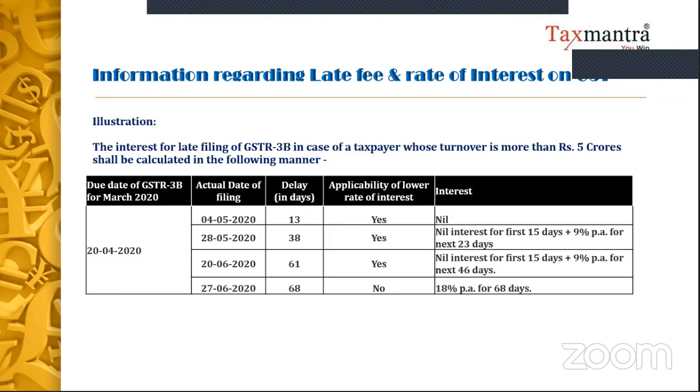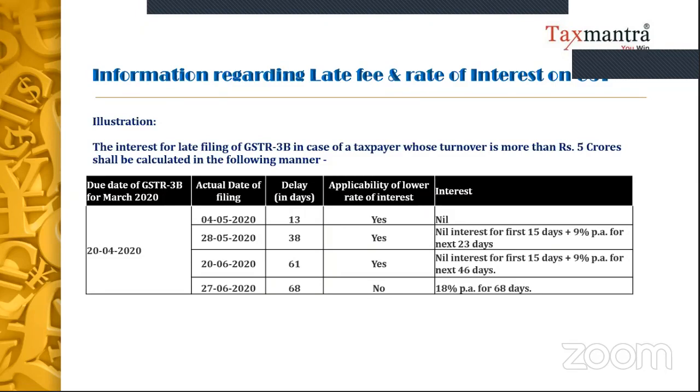Now, in case 3, if such taxpayer filed the return on 20th of June, the total delay days come to 61. Again the interest will be calculated as follows: for the first 15 days there will be no interest, but after that, for 46 days there will be 9% interest.